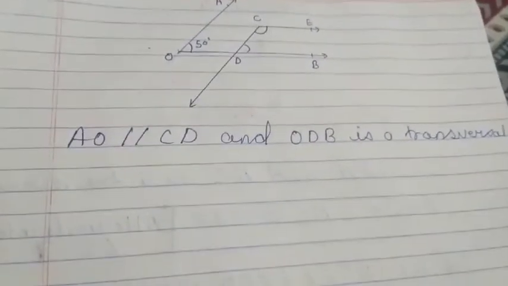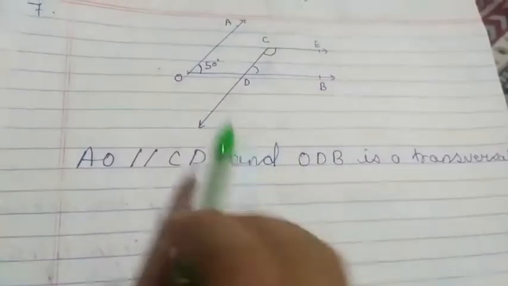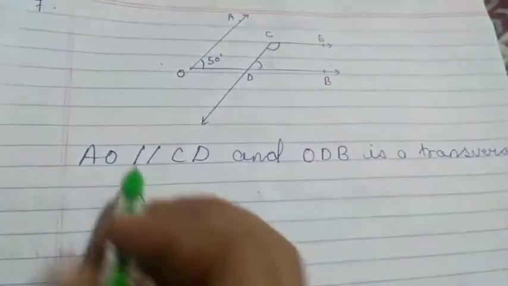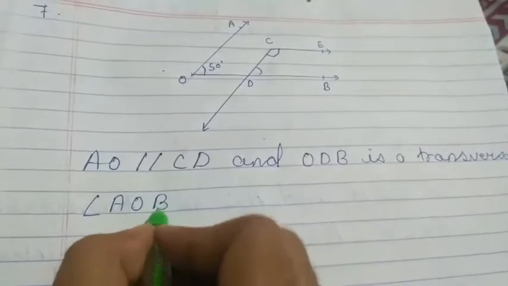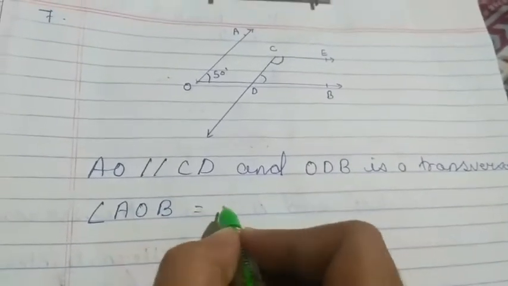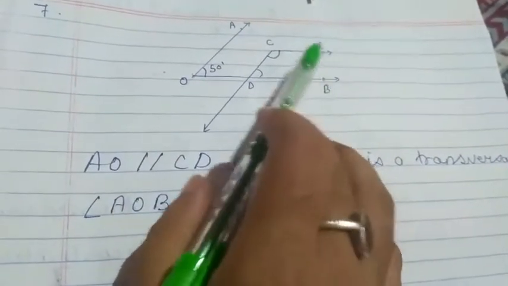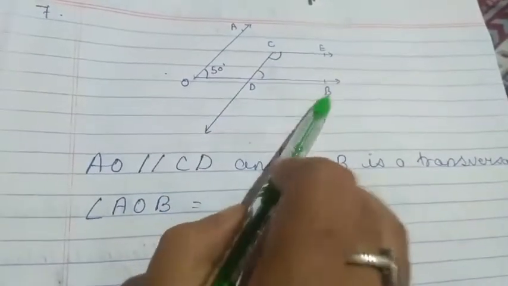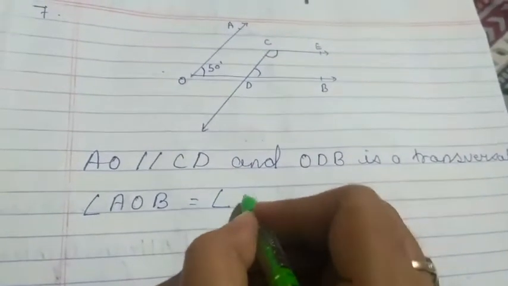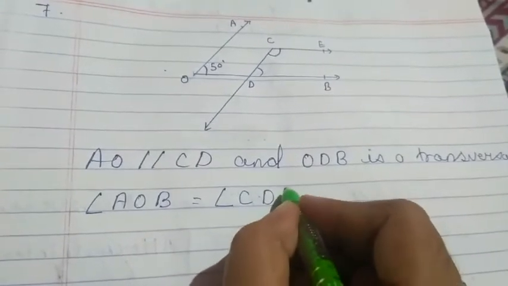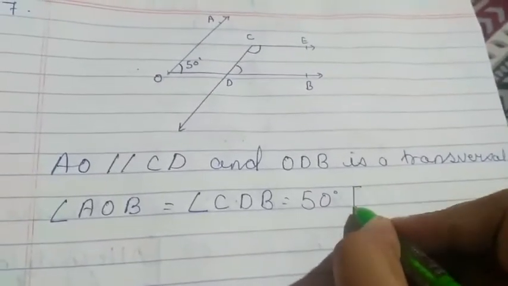Okay. Next line. Now another thing is given that angle AOB is given here as 50 degrees. So AOB equals CDB, and this angle CDB, how much? 50 degrees. By which law?